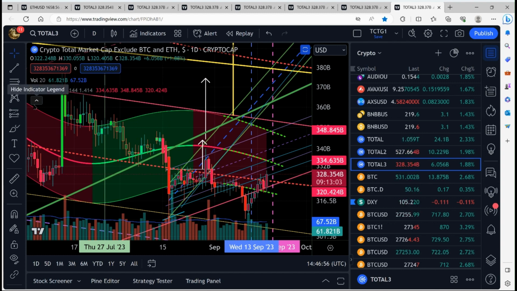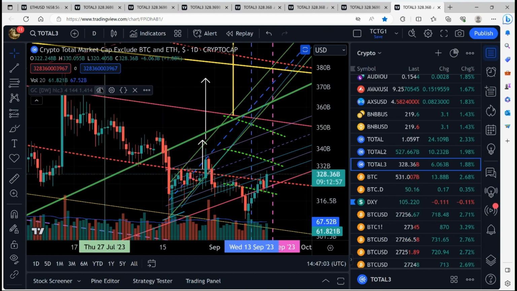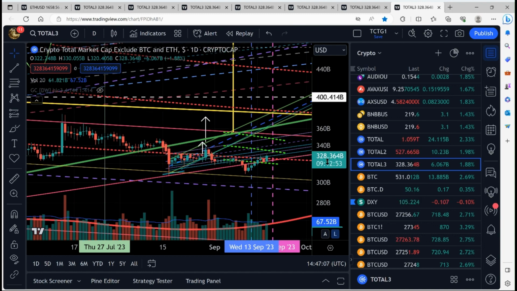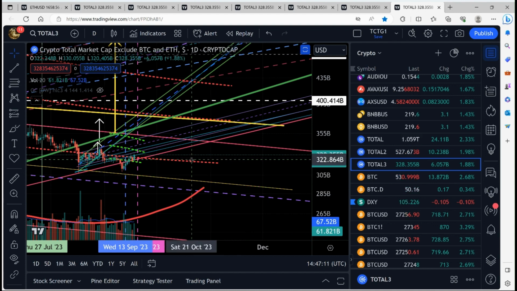Every few days or so I adjust them. So that's the daily. I'm not going to go through all of them, but the green lines represent the daily, and the red lines represent the weekly.